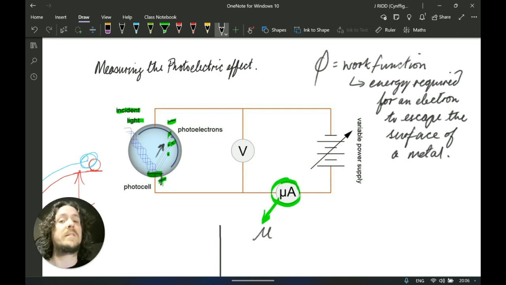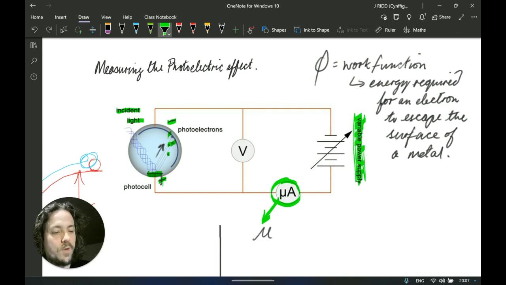And we can actually use this experimental setup to determine that. We're measuring this small current on our microammeter at the bottom, and then what we need to do is provide a voltage in the opposite direction using our variable power supply, just here.